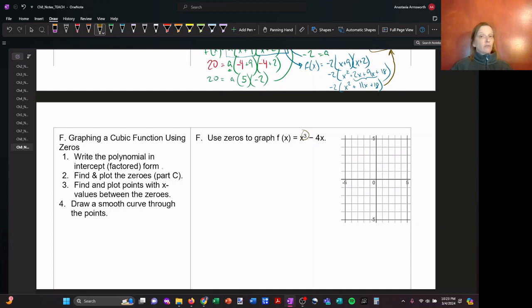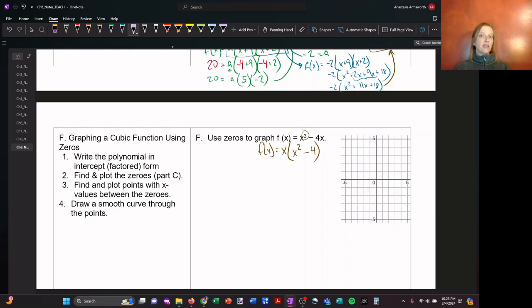We want to factor this polynomial the same way that we learned to factor polynomials back in chapter 7. We start by factoring out any greatest common factors, if there are any, and x cubed and negative 4x both share an x term. So I'm going to factor that out. X cubed divided by the x that I'm pulling out is x squared, and negative 4x divided by x is just negative 4.